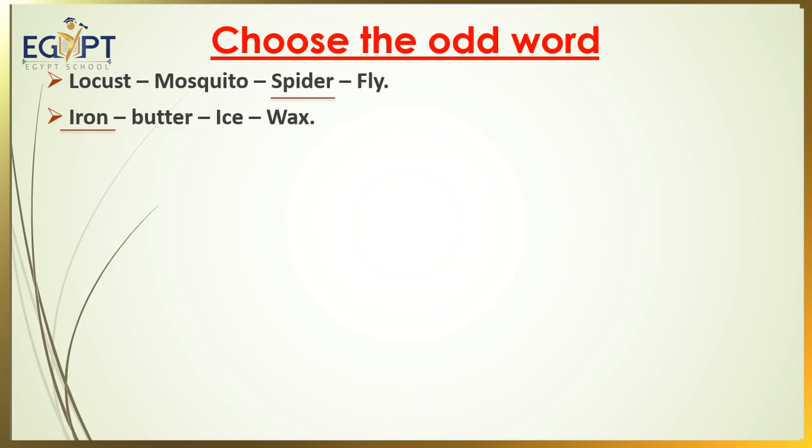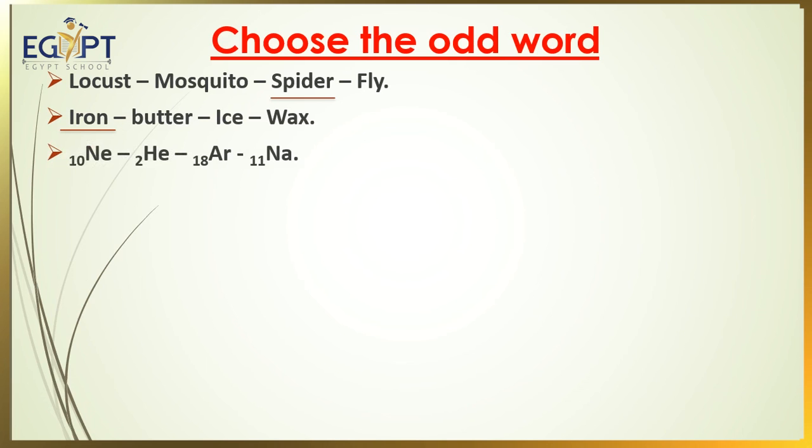Iron, butter, ice, wax. The solution is iron, because butter, ice, and wax all have low melting point, while iron has high melting point.